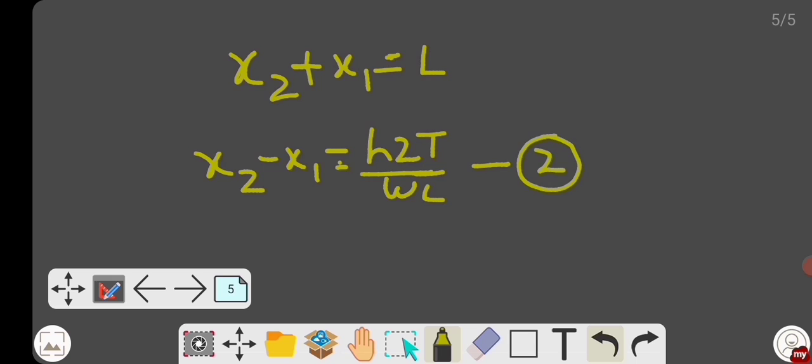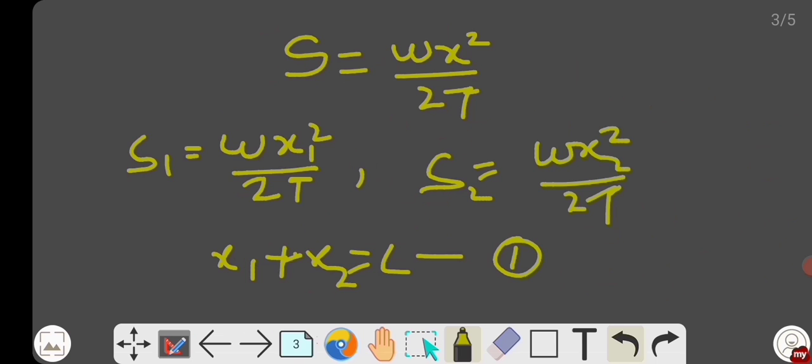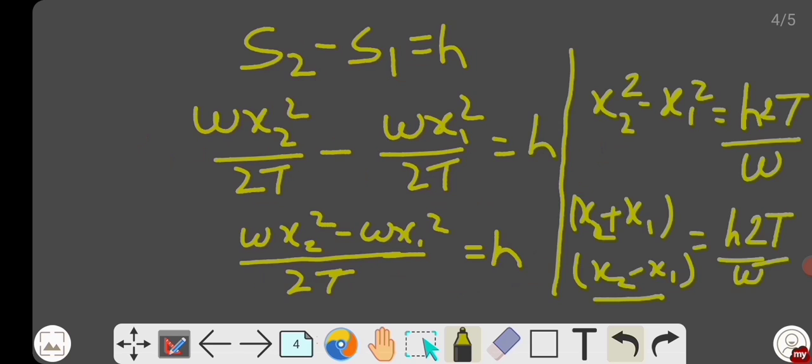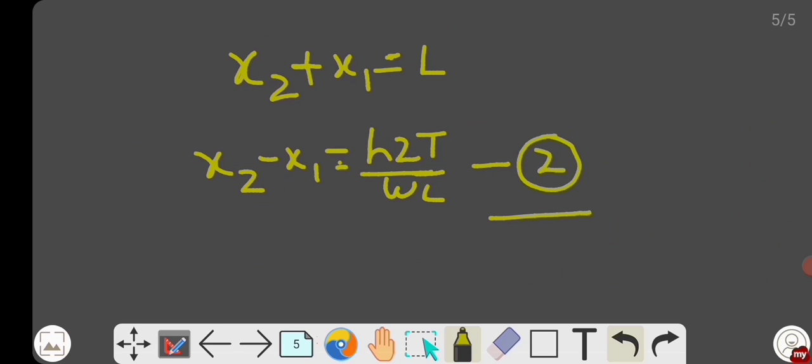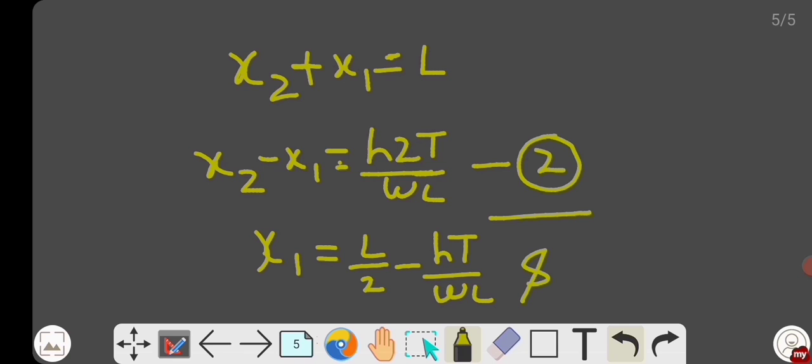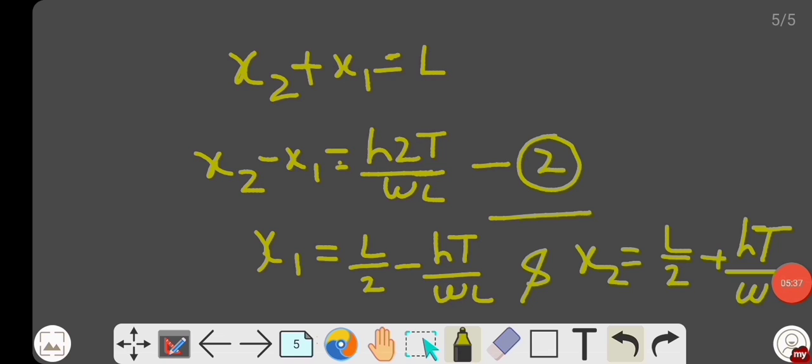Now after solving equation 1 and this equation 2, we will get x1 equal to L by 2 minus HT by WL, and x2 equals L by 2 plus HT by WL.